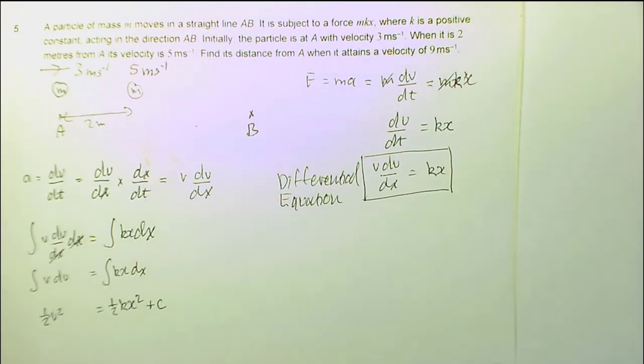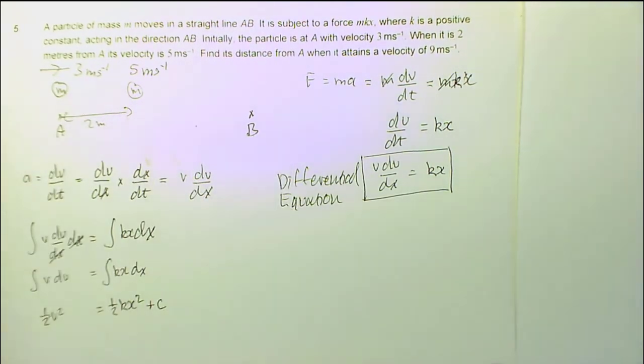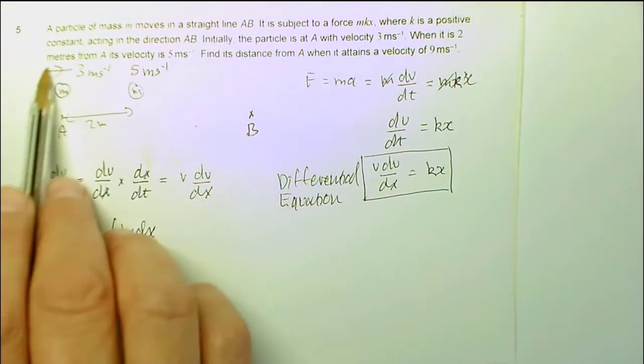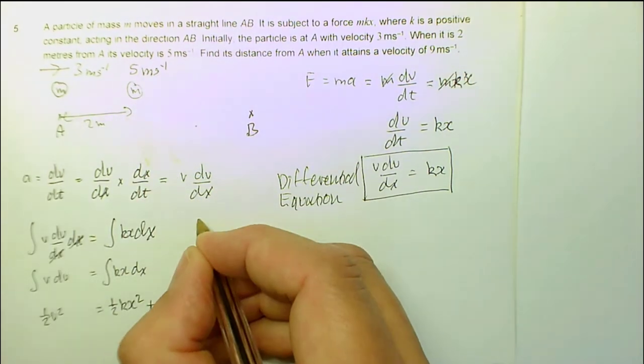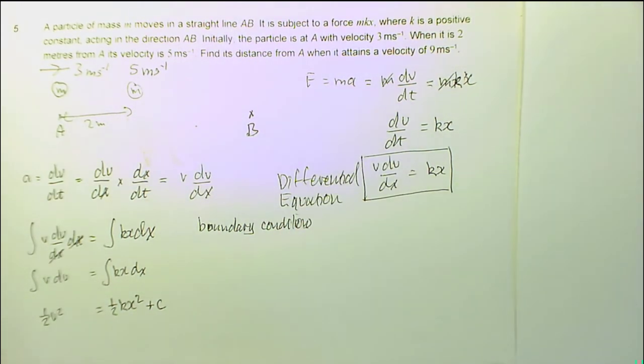So I now have an equation connecting v and x. I also have some information about v, my velocity, and x, my horizontal displacement. We call this information we have here the boundary conditions of our differential equation. And we have two separate bits of information here.